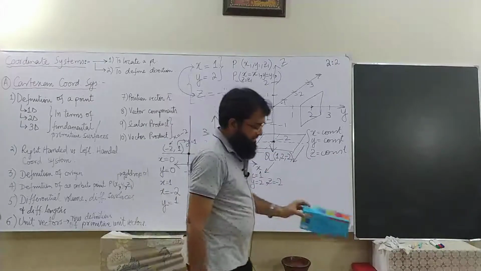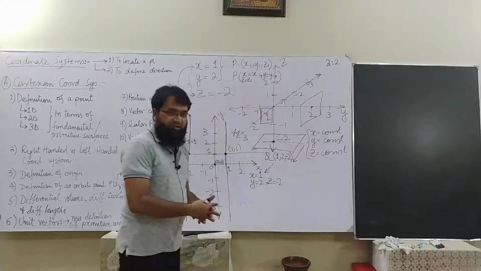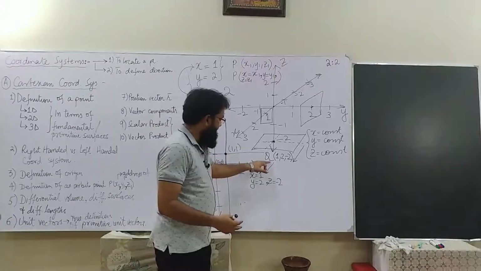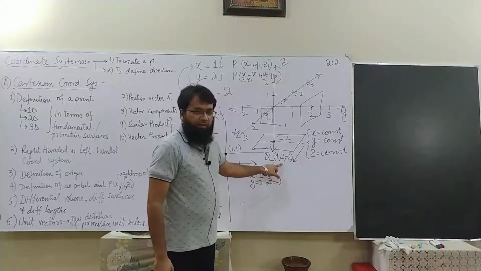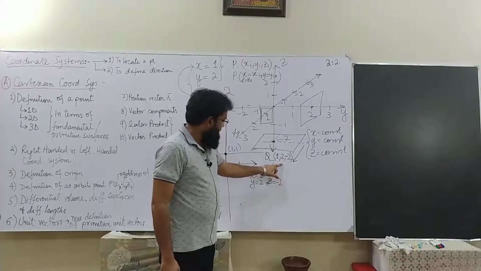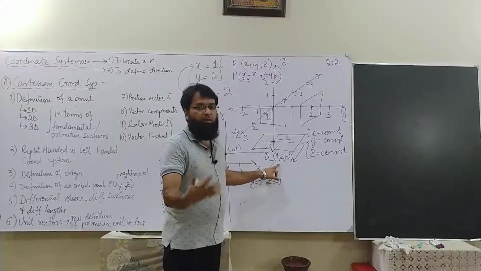And the important take home message is, at the point of intersection where this point is located, we can say that this point is located at the intersection of three orthogonal imaginary planes.